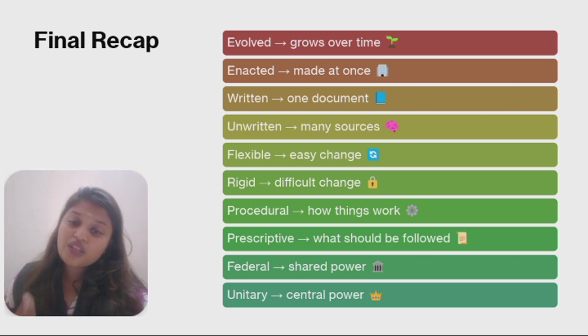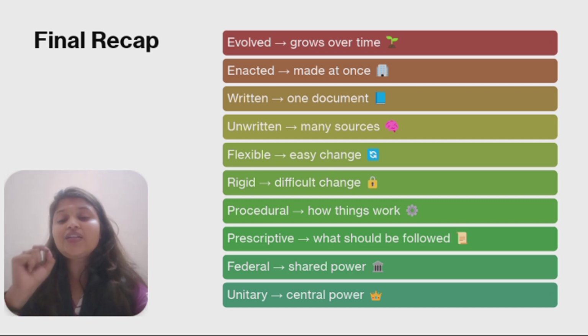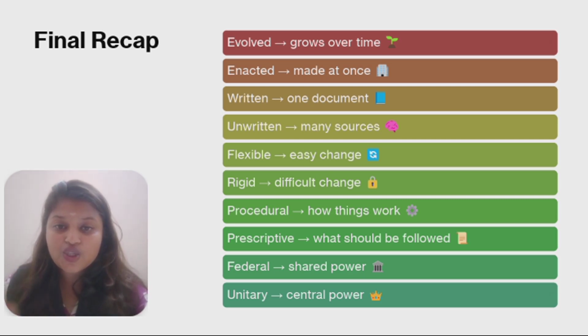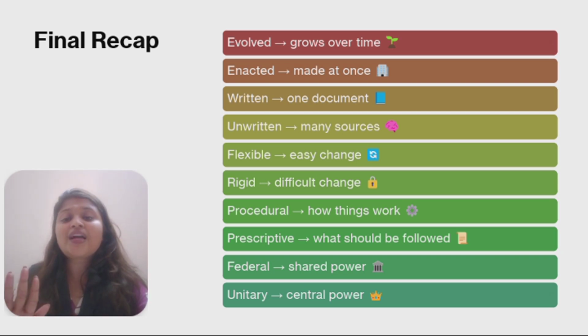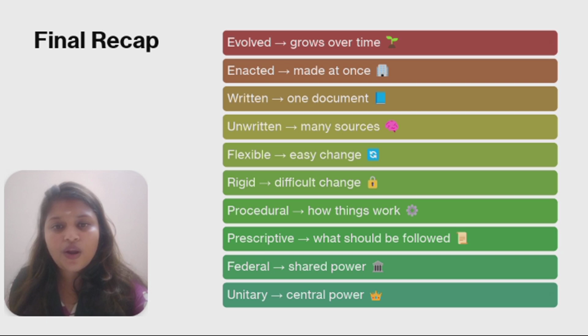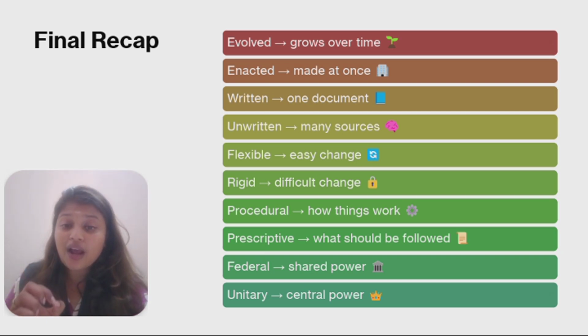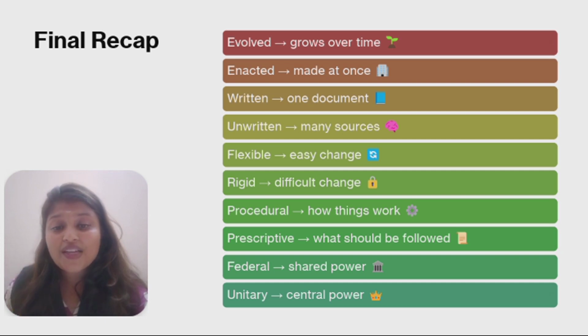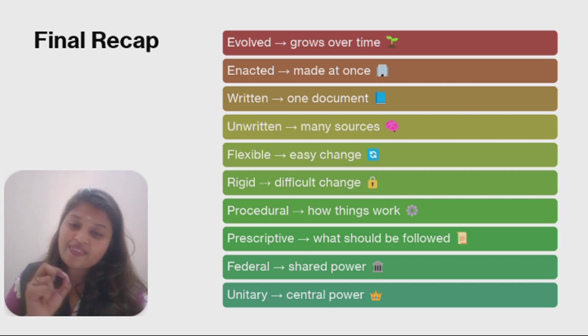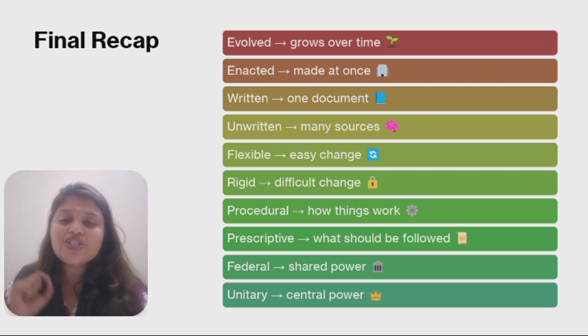Going on with the rigid constitution, on the other hand, it involves difficult processes and procedures that have to be followed to modify the constitution. It does not mean that the constitution cannot be modified at all. In a rigid constitution, the constitution can be modified, but it requires special and complex procedures that should be followed, and that type of constitution is rigid constitution.